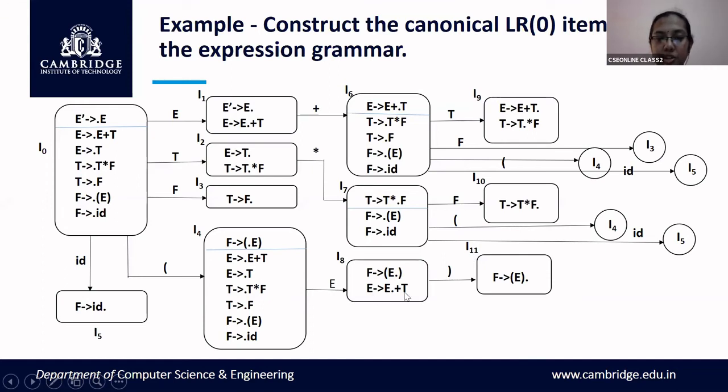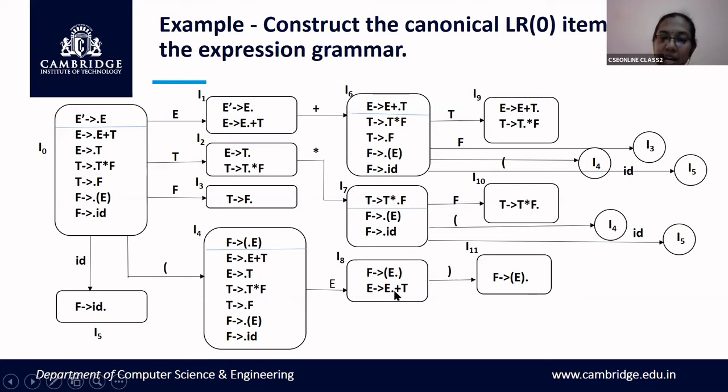Now consider the next production rule. E derives E dot plus T. Okay, I can take a transition of this dot towards the right-hand side on plus. If I take it on plus, dot will be followed by T. If dot is followed by T, now I should take T's closure. If I move dot right one position on plus, will I get back the state I6? I'll get back the state I6. It is not a new state. This state is already present.